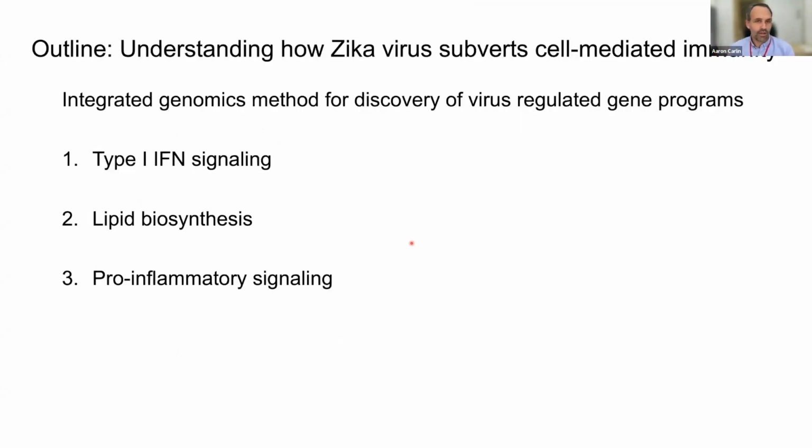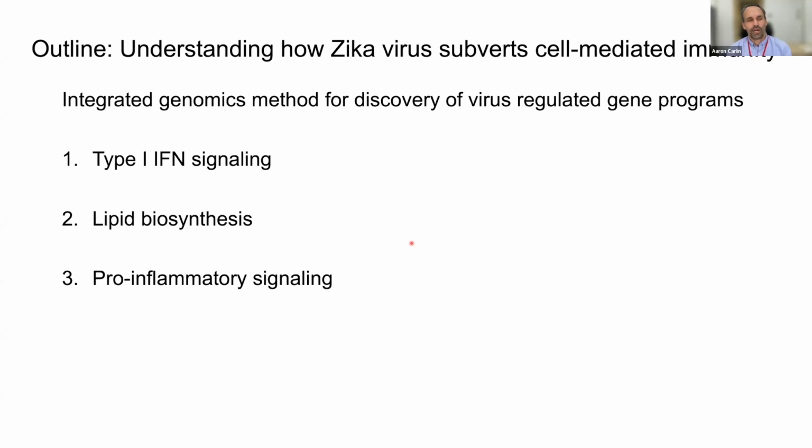So this is a brief outline of how we'll approach today's talk. First of all, I'll tell you about Zika virus and why I think it's really important to understand this virus and continue to think about it despite its absence in the news over the last 3 or 4 years.